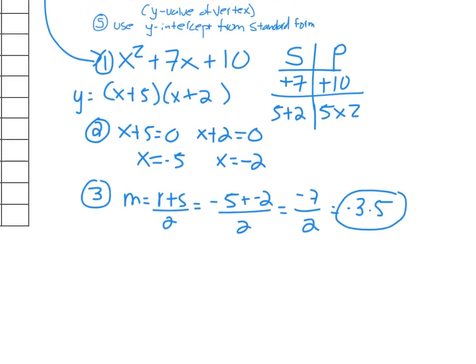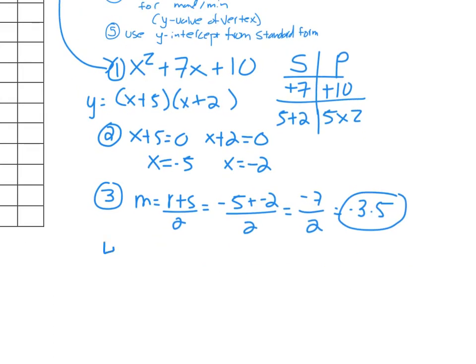Now that I found the x value, I'm going to take that and put that into my original equation, which is given to me at the beginning. I'm not going to put it into my factored equation in case I made a mistake. So then I'll replace the x's with negative 3.5.